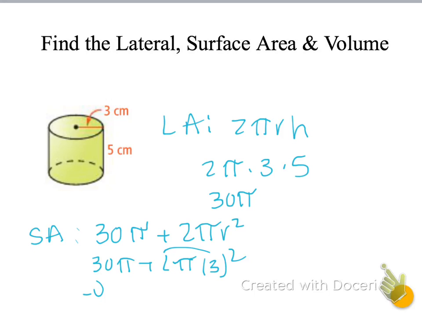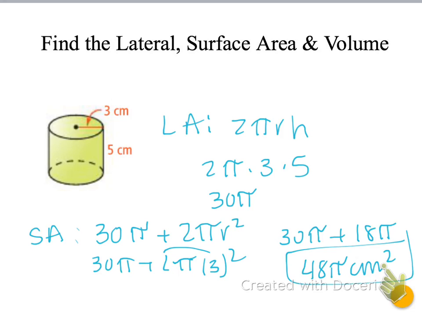So we have 30 pi plus 18 pi, which is 48 pi. And we're talking about surface area, so we're going to say centimeters squared. This was just centimeters. Sorry, I forgot to label.